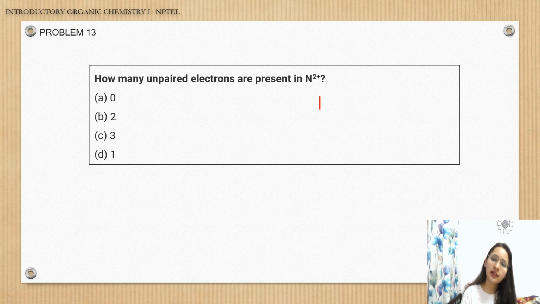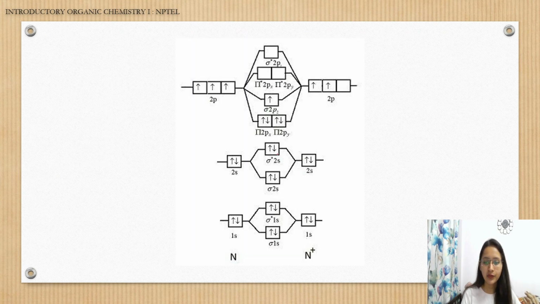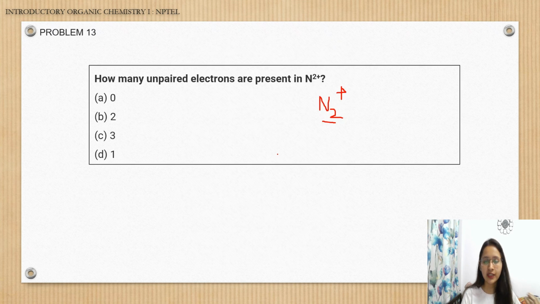There are 7 electrons that are present in each nitrogen. But if you are saying that this molecule is N2 plus, you can understand it both ways.